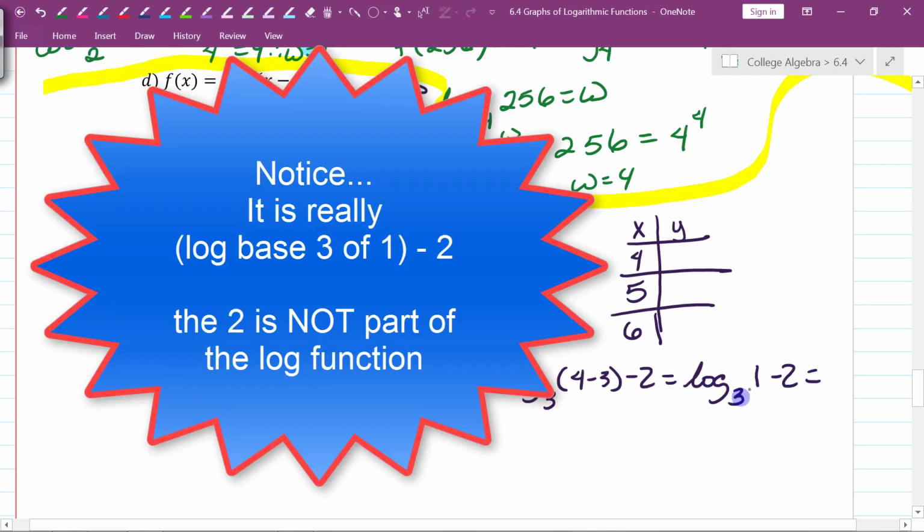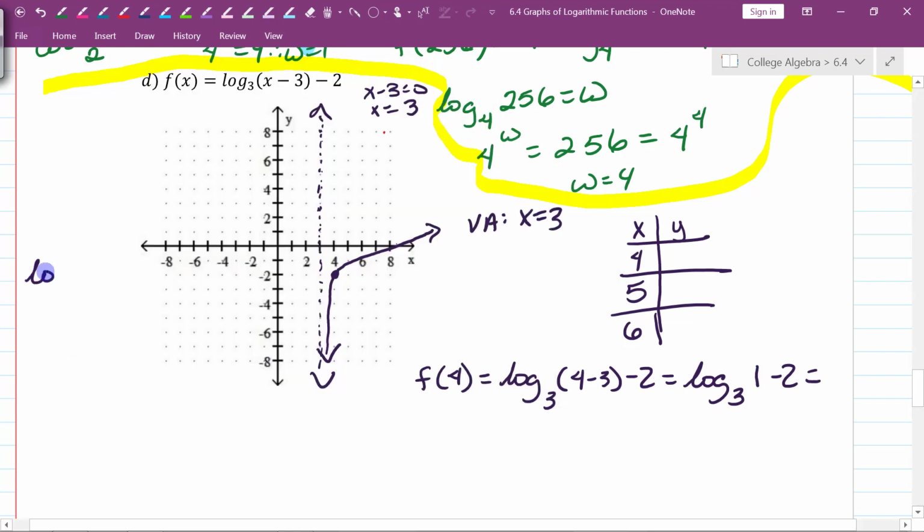Now log base 3 of 1 equals w means 3 to the w equals 1, therefore w must equal 0. So this is 0 minus 2, which is negative 2.